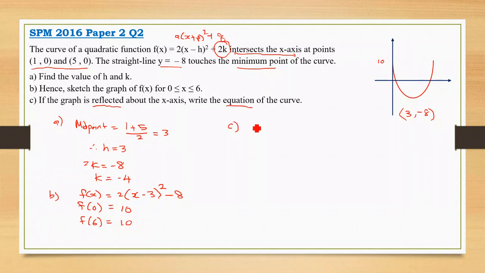If you want to know the equation of the curve, since you are doing a reflection on your x-axis, you just put a negative in front of the function given here. So -(2x - 3)^2 - 8.